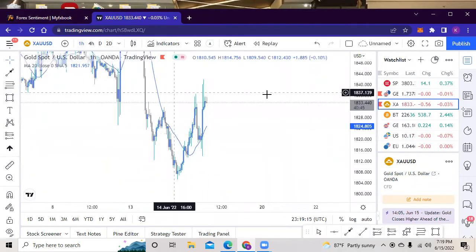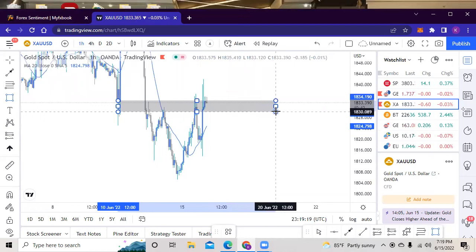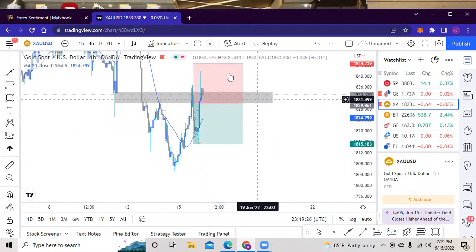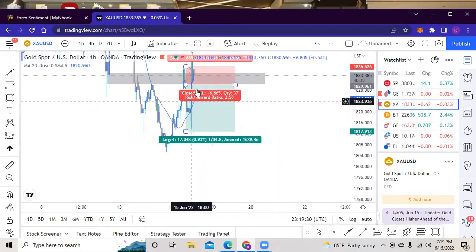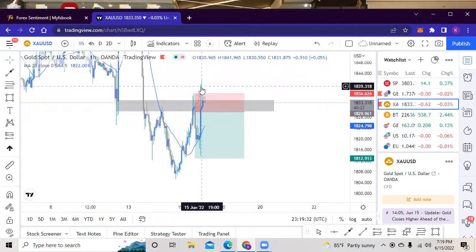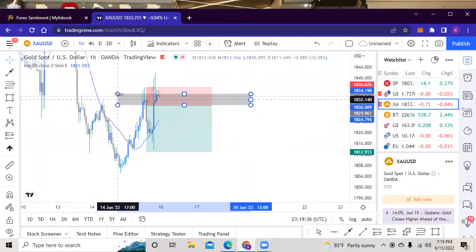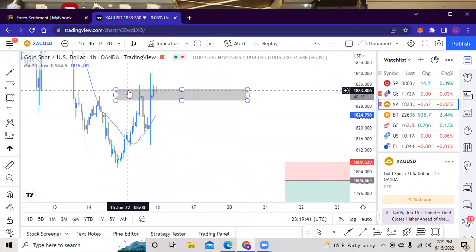So we have a point of interest in these areas right here. I was actually in this position right here. My stop loss was at break even by the time it got down here. Price came up for the news that happened. So I'm still looking to zero in on these levels right here, on this zone right here.